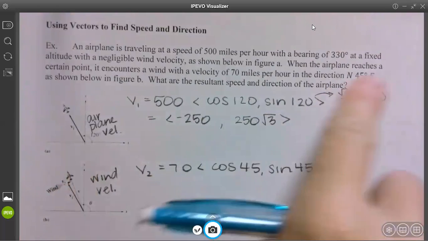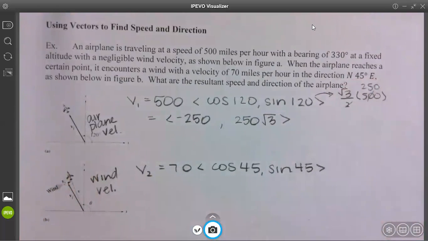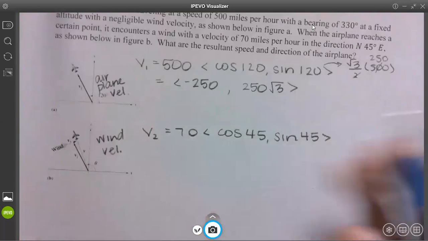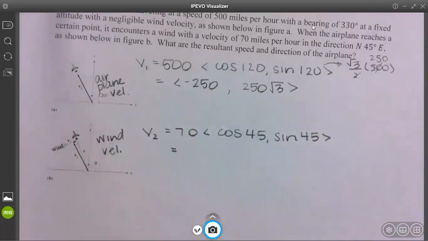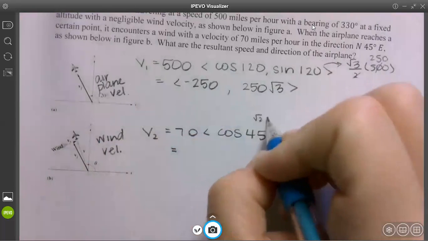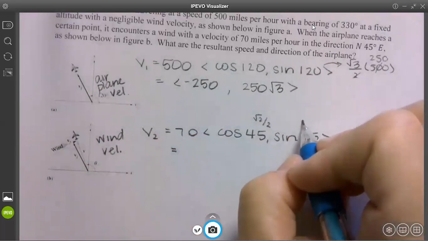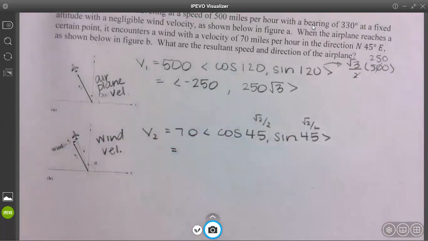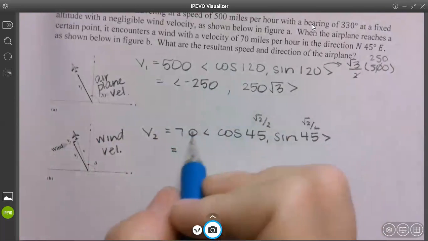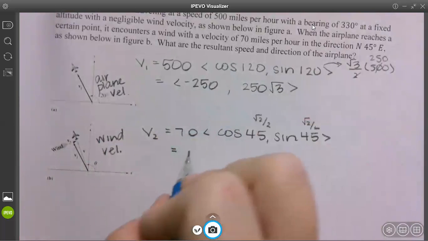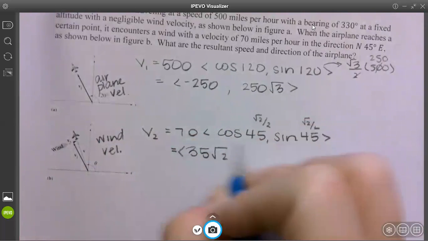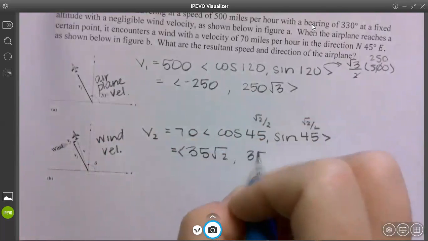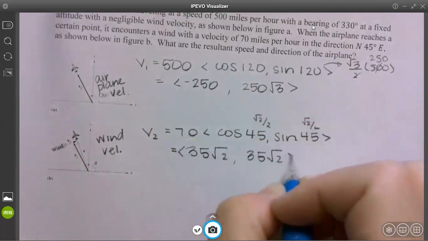We started at north and went east 45, and that's still just going to give us 45 because that's directly in the middle. Cosine of 45 is square root of 2 over 2, and sine of 45 is square root of 2 over 2. So 70 divided by 2 is 35 square root of 2, and 35 square root of 2. These are both going to be the same.